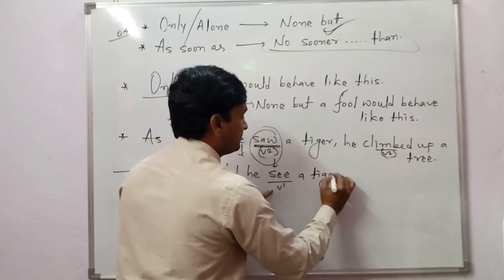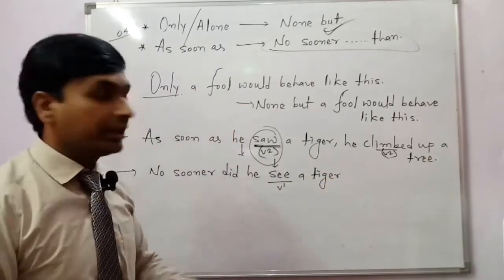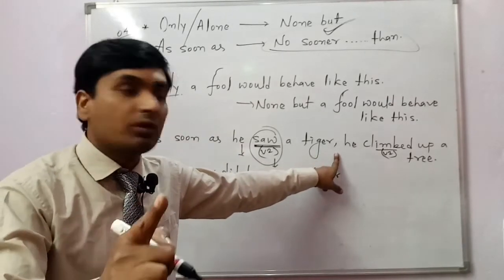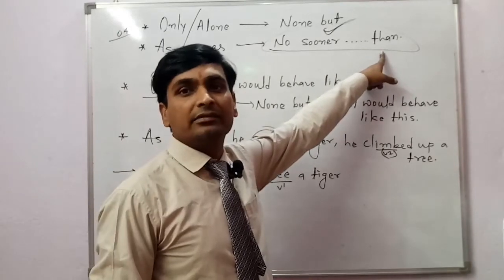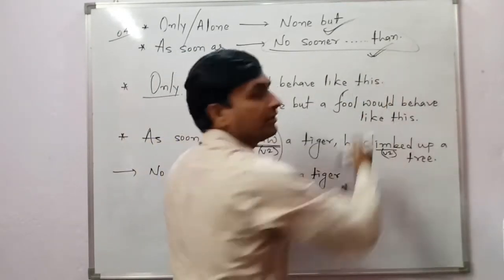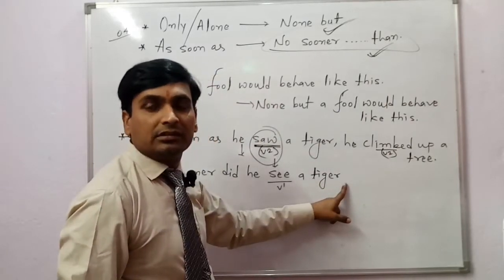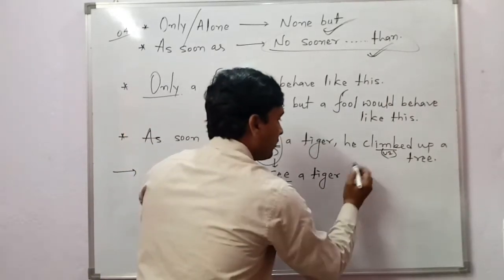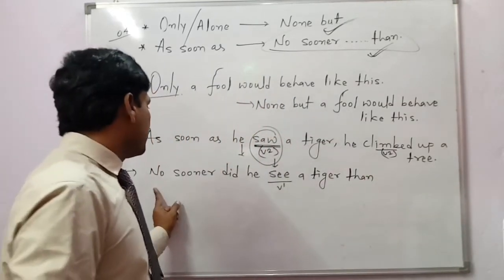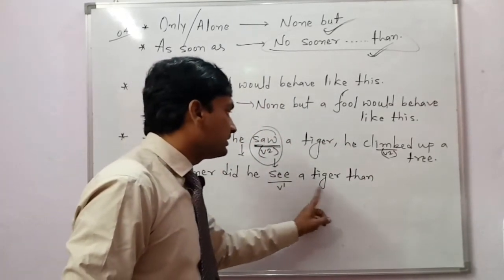Now let me tell you one more thing. You can see here there is a comma I have added. So at the place of comma you have to write what? Than. At the place of comma, what you have to write? Than you have to write. Are you understanding or not? So now your sentence is no sooner did he see a tiger than.